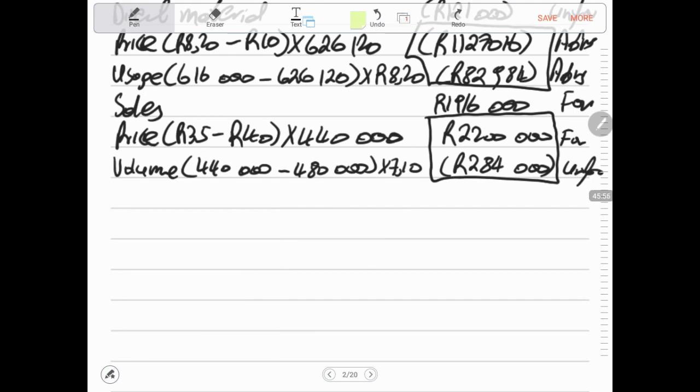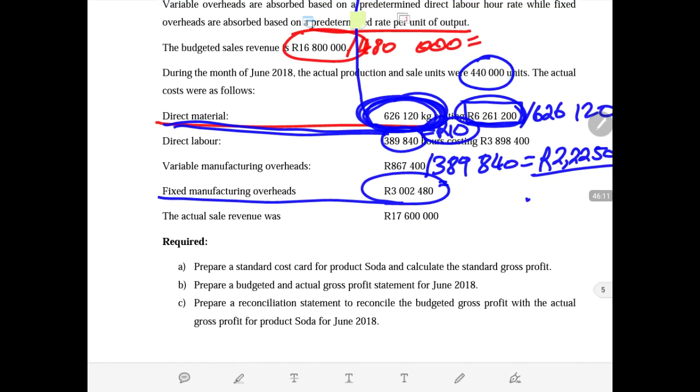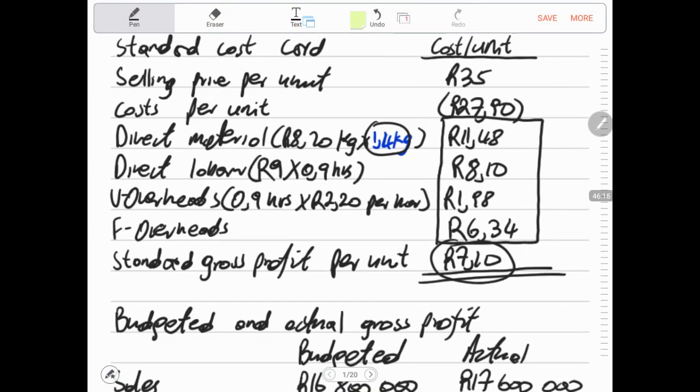Then we go to the labor variance. We start with the rate. The rate of labor that we anticipated per labor hour was calculated in our standard cost card. In our standard cost card, we anticipated that our laborers will be paid 9 rand.